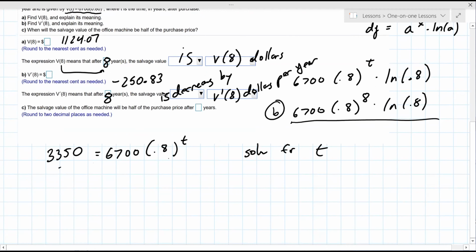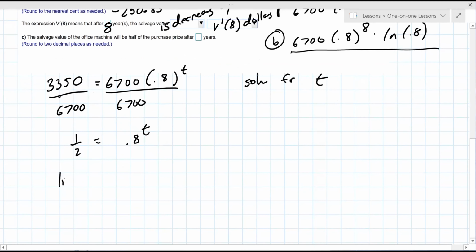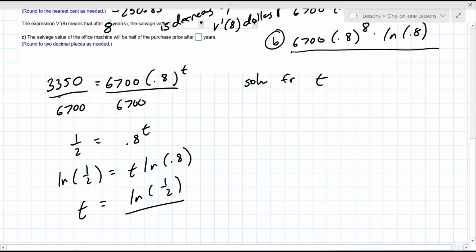Divide both sides by 6,700. The left side becomes 1/2. Undo the t with natural log. So the natural log of 1/2 equals t times the natural log of 0.8. So t equals the natural log of 1/2 over the natural log of 0.8.